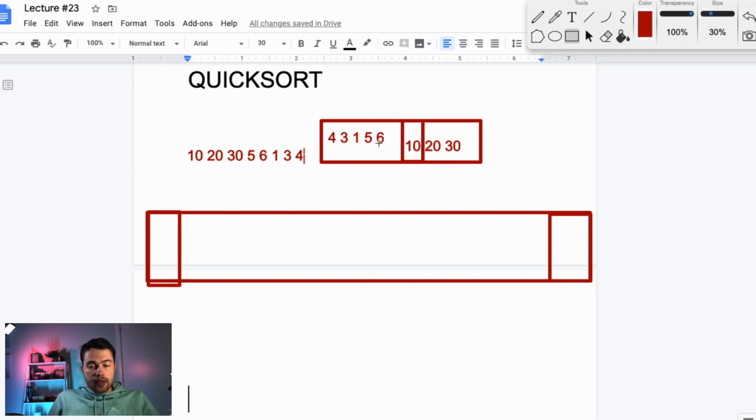If you change this to 1, 3, 4, 5, 6, the 10 is still in the same position. If you change 20, 30 to 30, 20, or to 15 and 20, you shuffle these guys over here and over there, but 10 will always be 10. So 10 is in its final position; it's fixed.